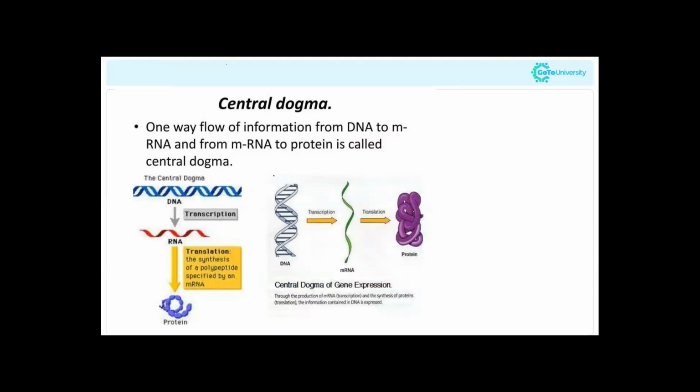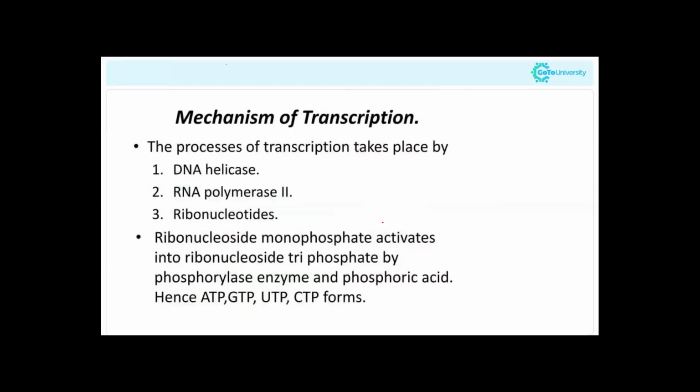Now, as I mentioned, the central dogma is a one-way flow of information from DNA to mRNA and from mRNA to protein. That is, DNA is transcribed to RNA, and RNA is translated to protein. Now we are moving to transcription.